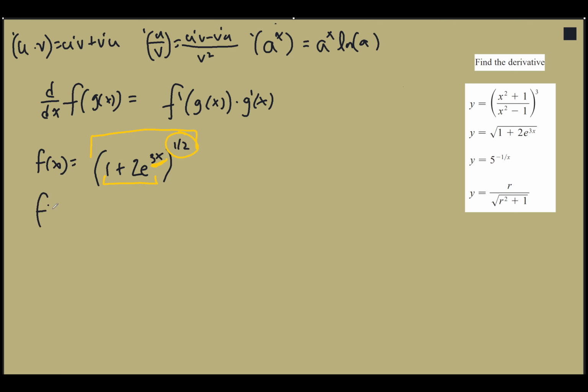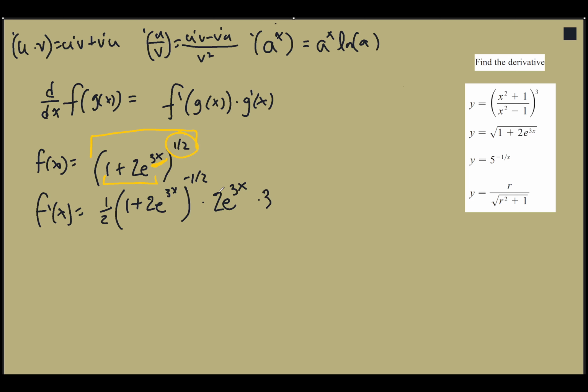So f prime of x is equal to 1/2 times 1 plus 2e to the 3x to the negative 1/2 times the derivative of the inside, which is 2e to the 3x times the derivative of the inside again, which is 3.